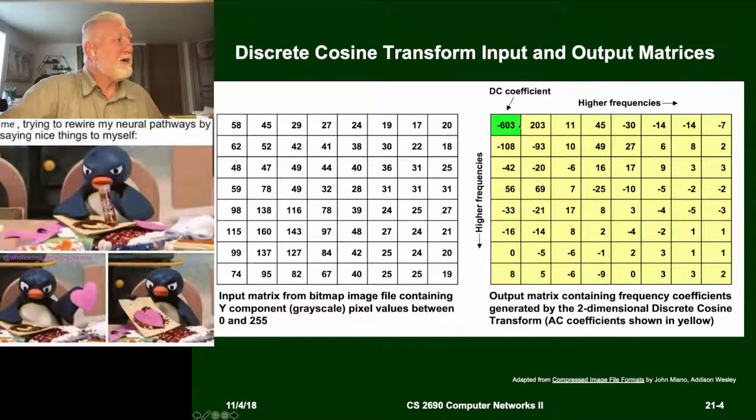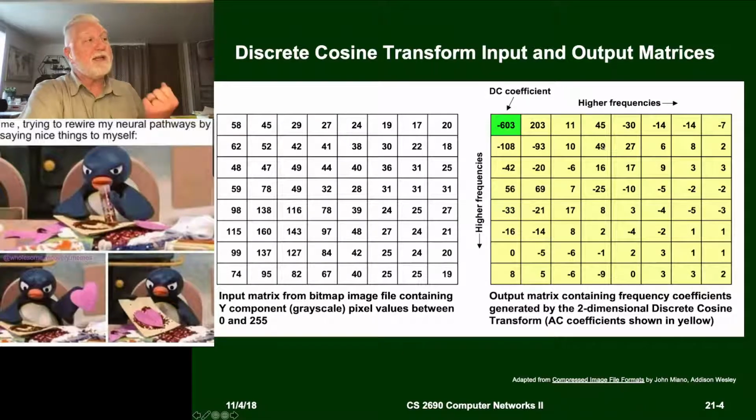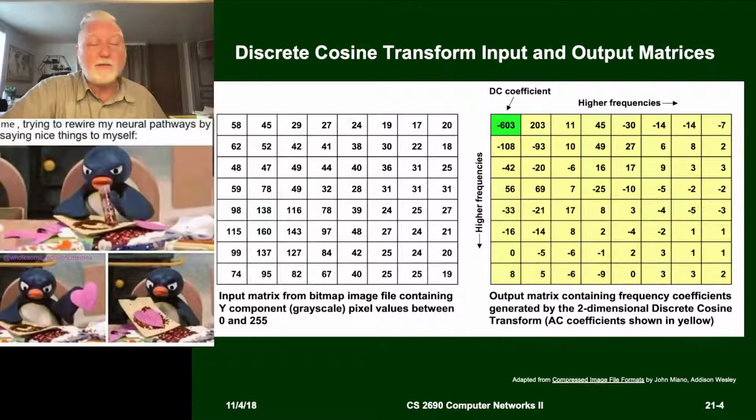And then we're going to create, and this is the part again where honestly I've never been through it at that level of detail until it was lecture time for this, and I think I'm probably still a little bit inadequate right now. But the bottom line is, and a lot of this doesn't really matter for our purposes, other than to say that there's a DC coefficient in green and the rest of these are AC coefficients.